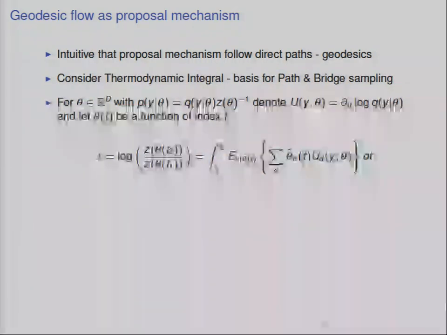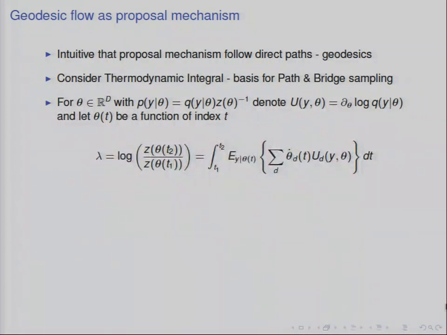And I'm summing over all of the dimensions. And then this function, right, is we take the expectation of this function with respect to p of y, is here, at theta t. Right, so remember that t is defining the path, right, and theta of t is the point in theta space on that path.